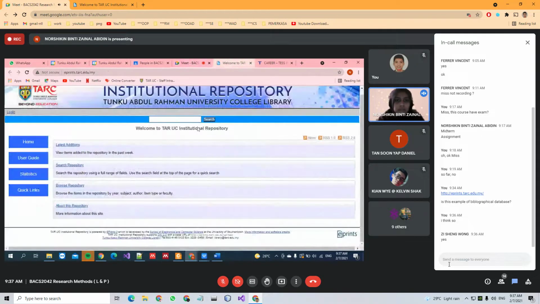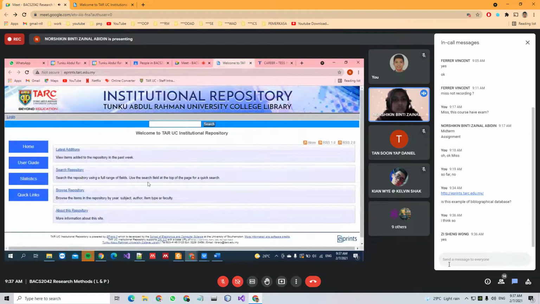If you go to any university, they should provide an online database to keep the papers or research done even by the students or the staff, the lecturers. So they will keep it in the database.